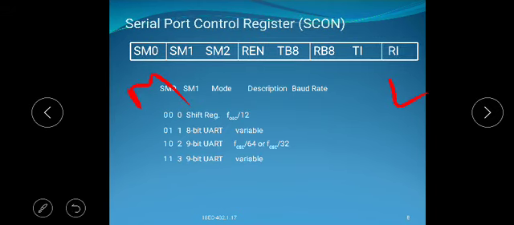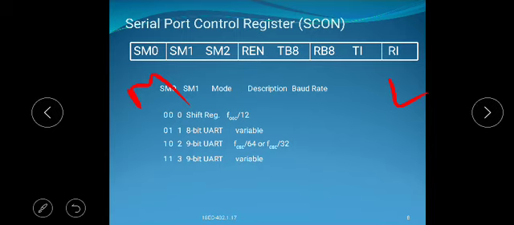The serial port control register is an 8-bit register. From the LSB: RI, TI, RB8, TB8, REN, SM2, SM1, SM0.